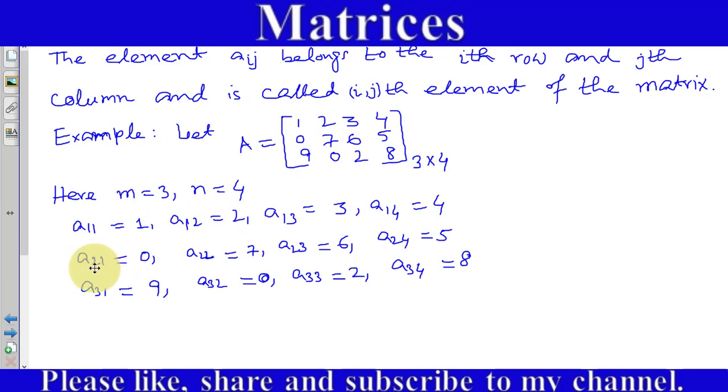Second row elements: A21 is 0, A22 this is 7, A23 this is 6, A24 this is element 5. And third row elements: A31 this is 9, A32 is 0, A33 is 2 and A34 this is 8.